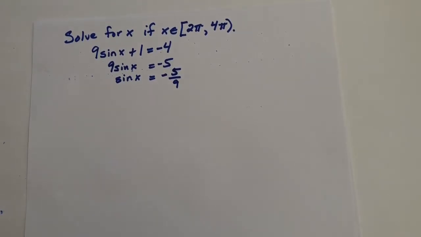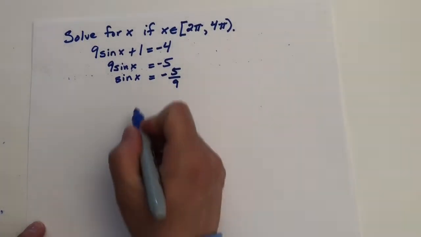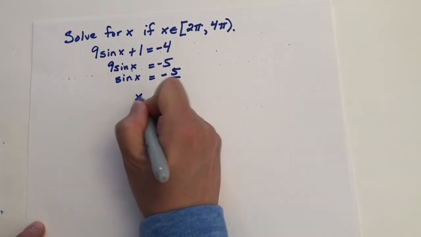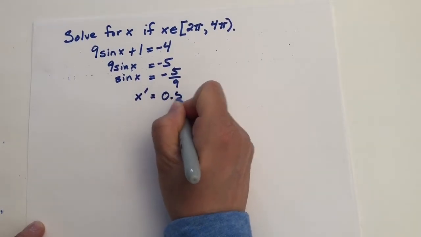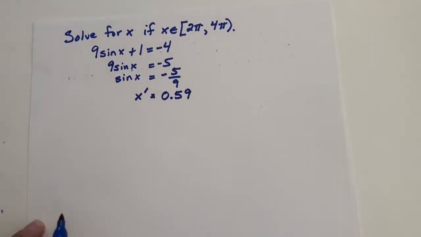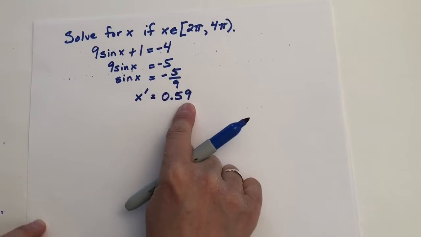So when we punch an inverse sine, I'm going to put it in with a +5/9 so that the reference number or reference angle will be displayed on my calculator. I get 0.59. So there's our reference number.